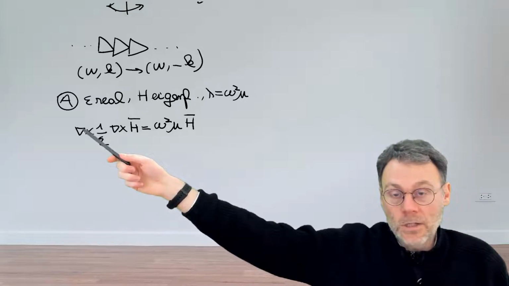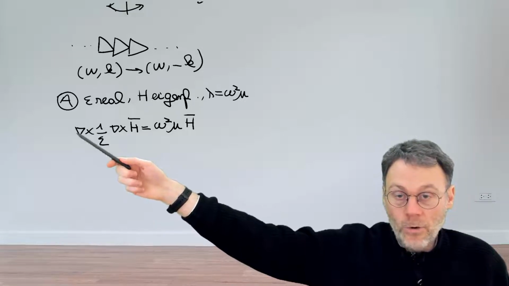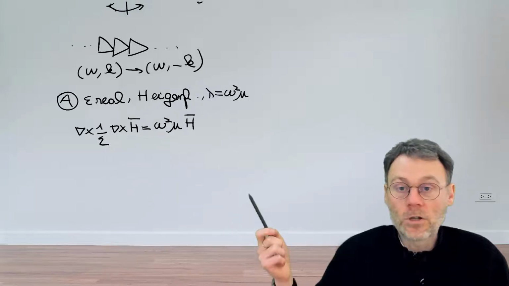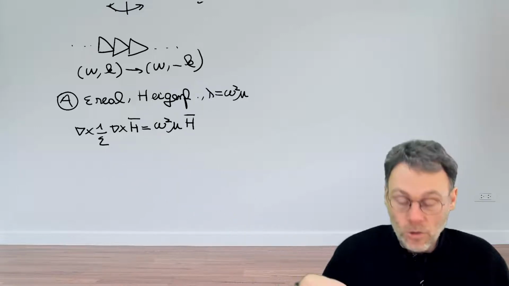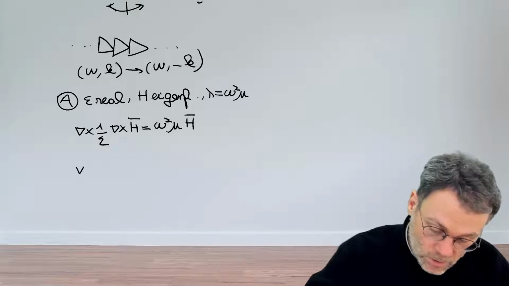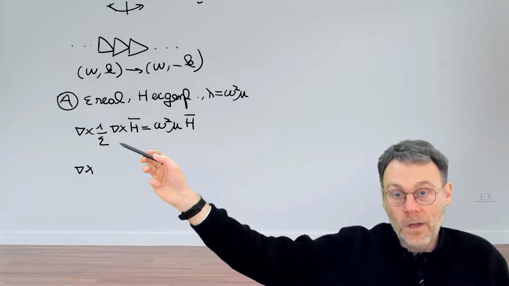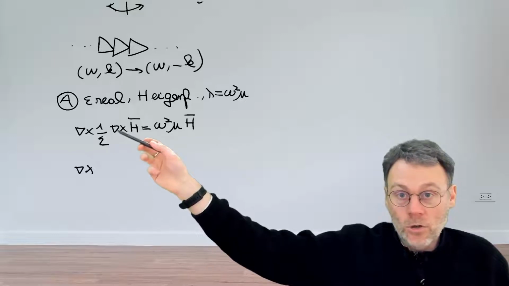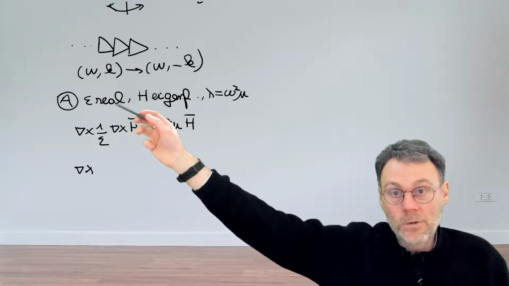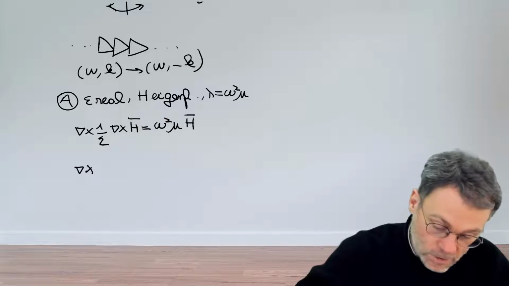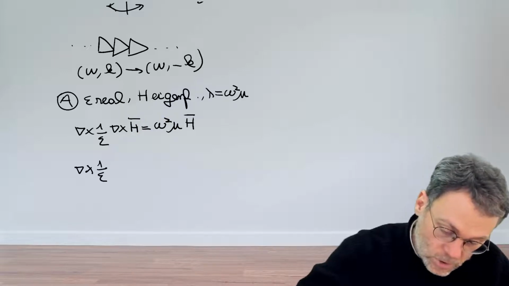Let's have a look first at this curl operator. That's just a bunch of partial derivatives. If you take the complex conjugate, that doesn't change. So this curl just stays where it is. Then we have epsilon. If we take the complex conjugate of epsilon, since we're dealing with lossless structures and epsilon is therefore real, that also doesn't change.